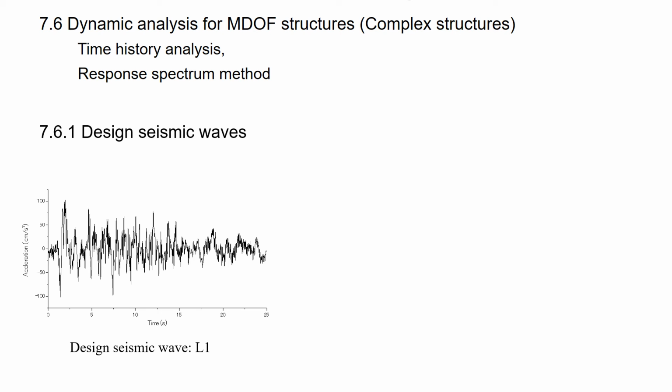7.6.1 Design seismic waves. We use the seismic waves for these analyses. This is the design seismic wave for L1 earthquake, which is obtained from many actual earthquake data. The maximum acceleration is about 100 cm per square second.